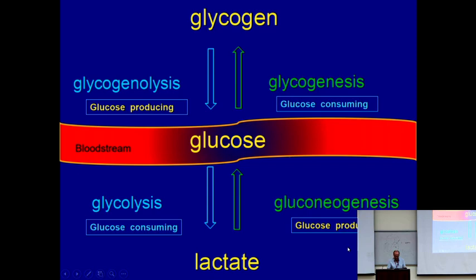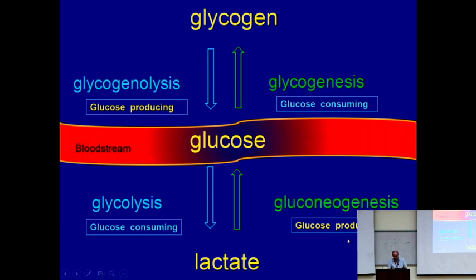I said, well, think about when you go to sleep. Doesn't your body need some energy? Doesn't your brain need to function? Don't your muscles need to maintain some tone? Actually, these two processes occur all the time, especially when you are without a meal for a while, for a few hours, and during sleep.